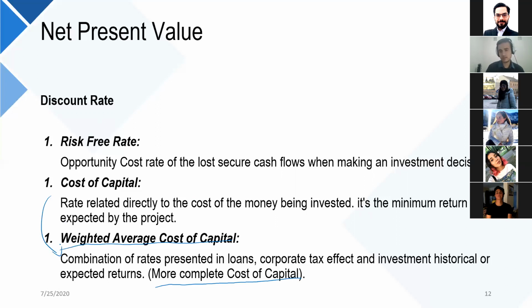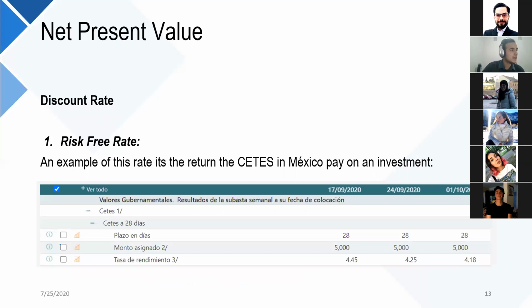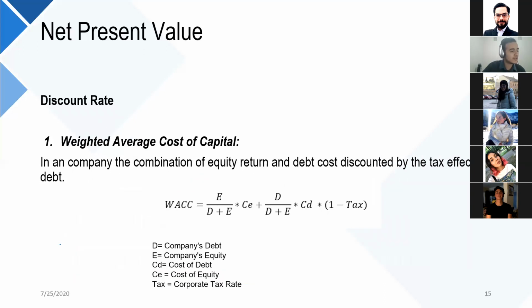Weighted average means that you take different rates inside your discount rate because you are trying to mix a little bit of the risk into the cost of the investment. We were reviewing weighted average cost of capital, and I think we did it too fast. After the class ended, I was reviewing the answer and it was wrong. We just rushed through that. So we're going to review it again, okay, guys?